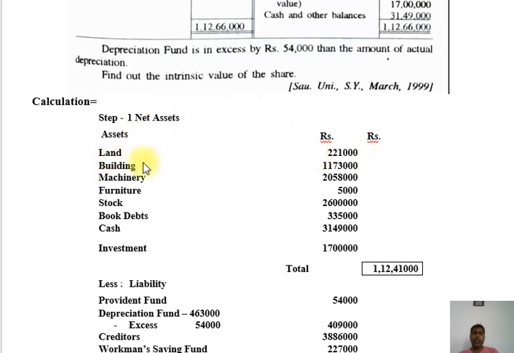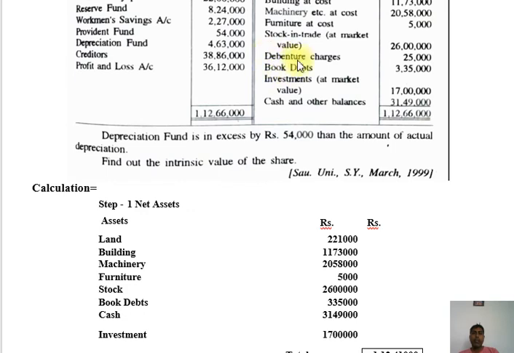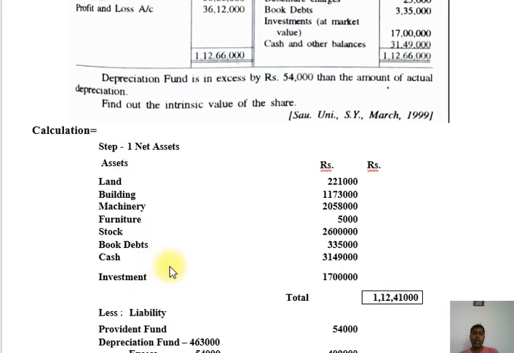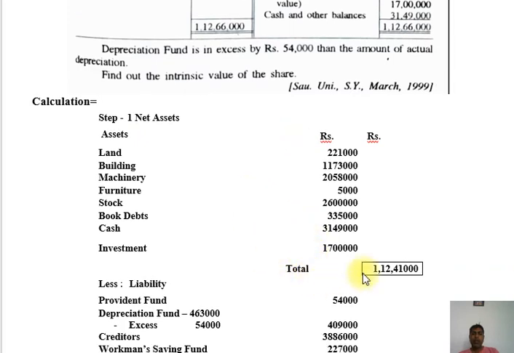Land 22 lakh 21,000, building 11 lakh 73,000, machinery 20 lakhs 58,000, furniture 5,000, stock 26 lakhs, book debts 3 lakh 35,000, cash 31 lakh 49,000, investment 70 lakhs. Friends, here we do not include debenture charges in our assets because this is a fictitious asset. Now total assets 1 crore 12 lakh 41,000.